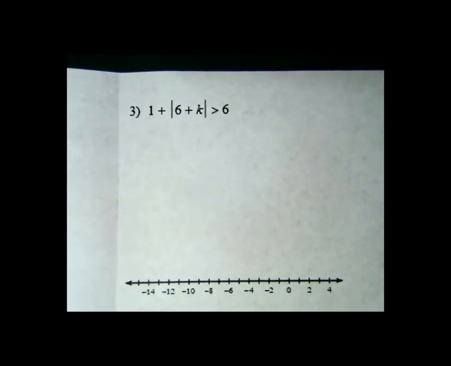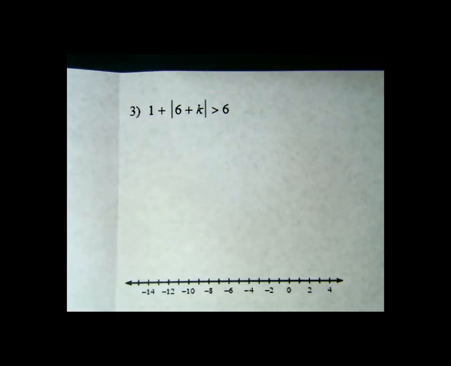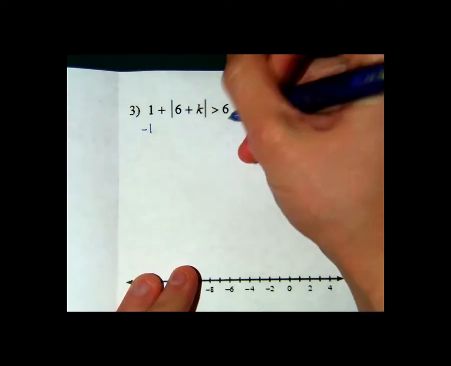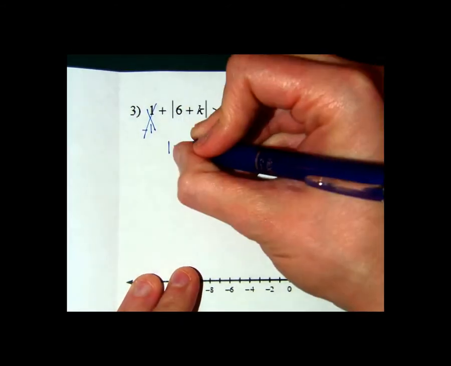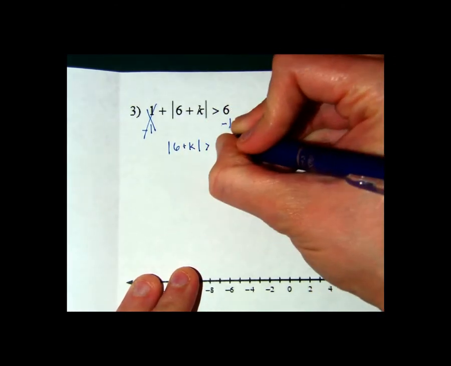Number 3, the first step is not done for us. We are going to have to move stuff away from the absolute value so that it's by itself. This is a positive 1, so the opposite of that is subtract. I have the absolute value of 6 plus k is greater than 5.